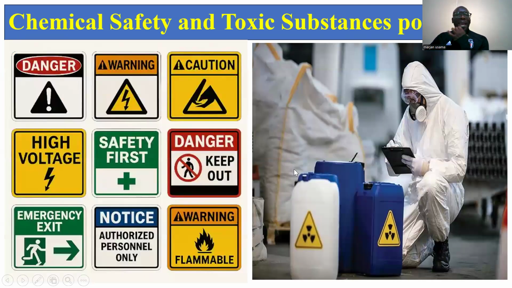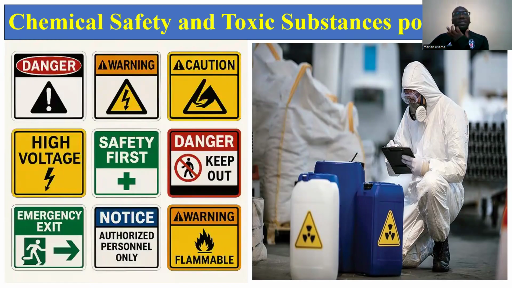Now, another thing related to environmental health regulation and policy is what is known as chemical safety and toxic substances policies. Sometimes we have people working in companies and industries, and medical practitioners working in hospitals.